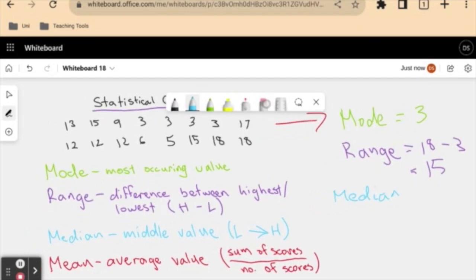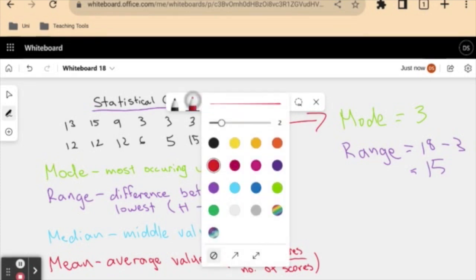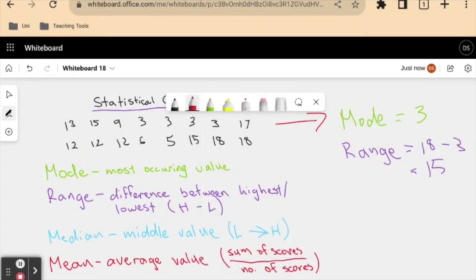Actually, let's find the mean first, because we can find the mean without rearranging these. So let's do that, and feel free to use a calculator or to add all these up beforehand. But I'm going to do it now. So our mean, when we add up all of our values, we get 164.